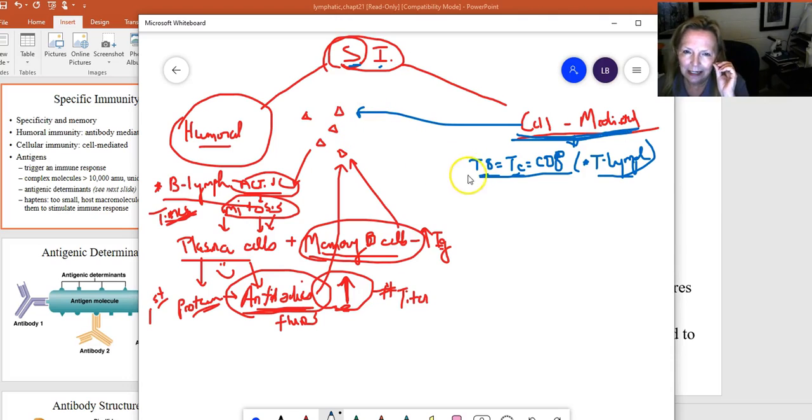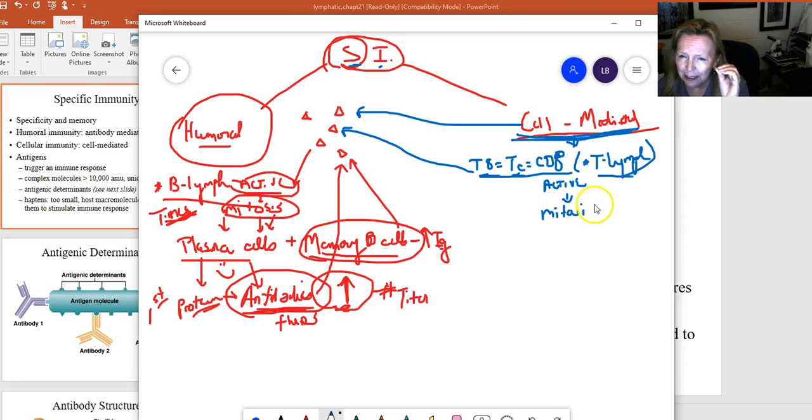These cytotoxic Ts are going to also take in this foreign antigen, and they're going to become active from this foreign antigen, meaning that they're going to undergo mitosis too. And when they undergo mitosis, they're going to become specialized.